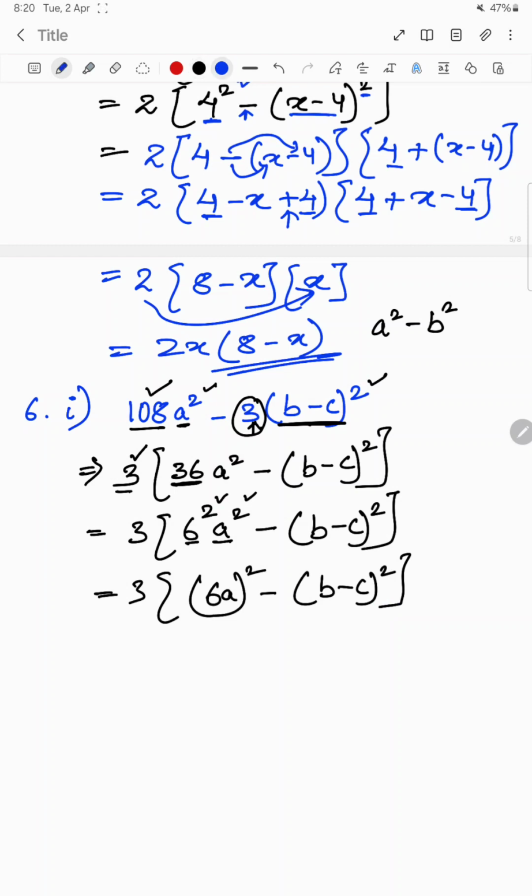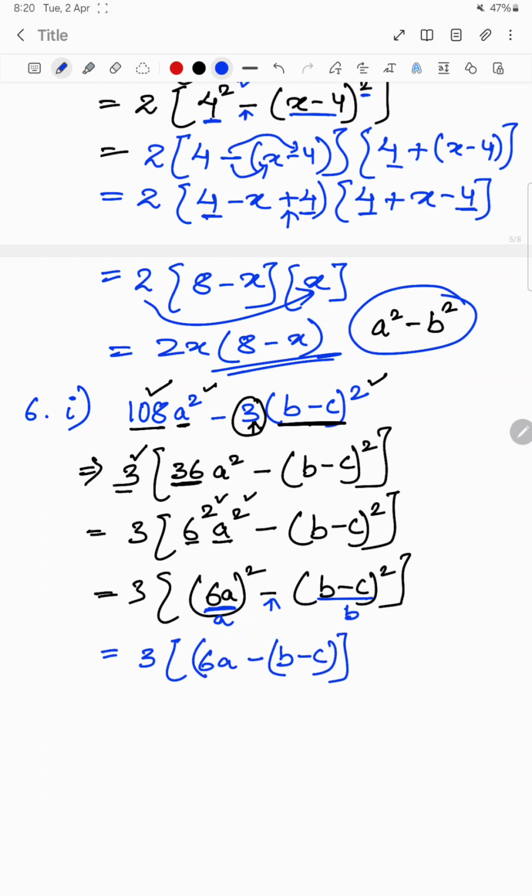So here you see that now 6a is a, b minus c is b, and here I have minus. So I have achieved this difference of squares. So equals to 3, 6a is a, so a minus b minus c is b, bracket close. Similarly here 6a is a plus b minus c, bracket close.